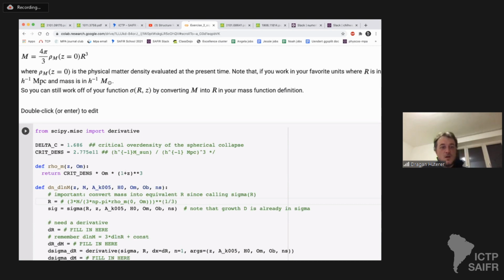Okay, I got R out of M. They're in one-to-one relation, so I can feed that corresponding R into the sigma. So this is my sigma that I need in the Press-Schechter sector.